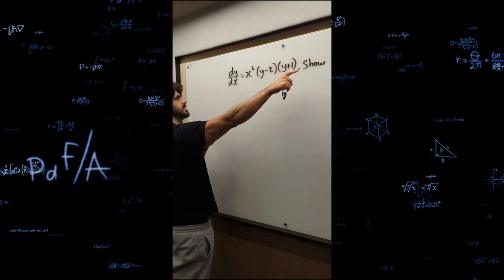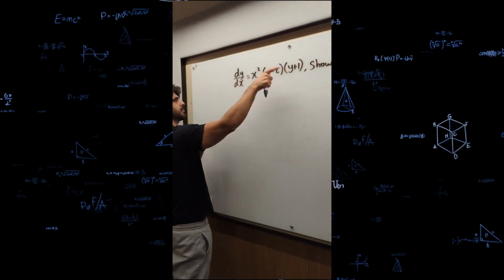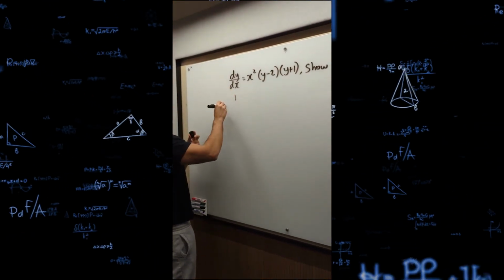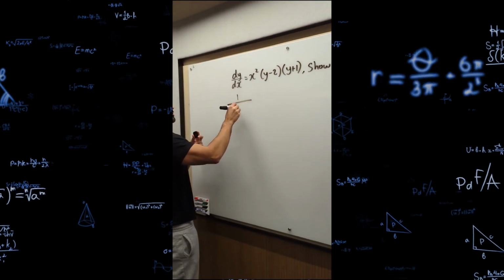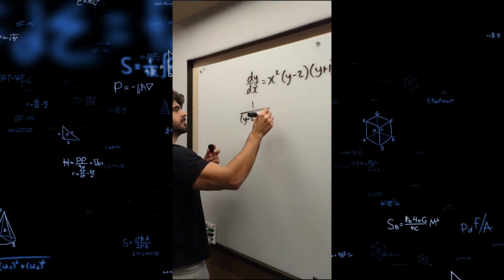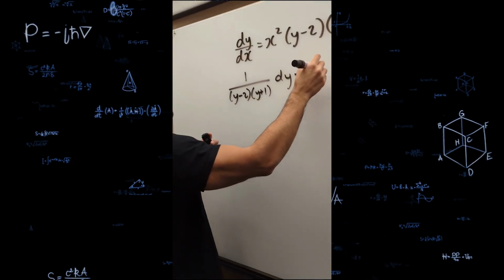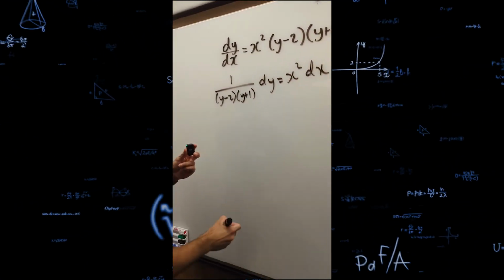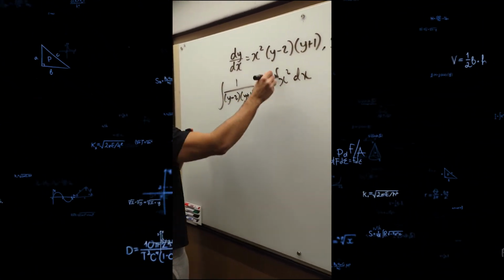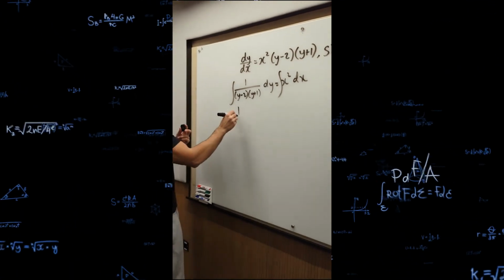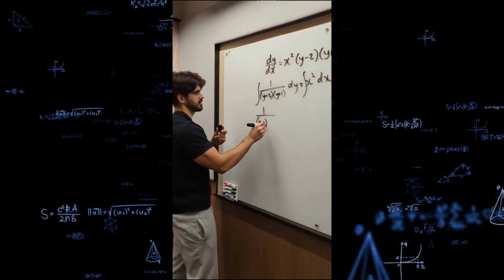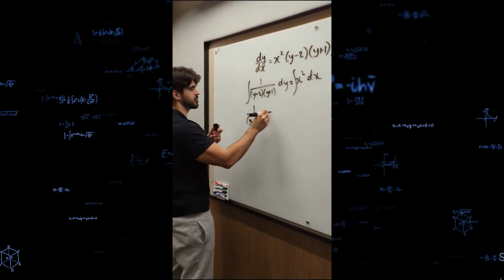So we're going to multiply by dx, and we're going to get this to this side by division. So we're going to get 1 over (y minus 2)(y plus 1) dy is x squared dx. And we're going to integrate both sides. To integrate this, we need to use partial fractions. So here we can use my cheeky trick.